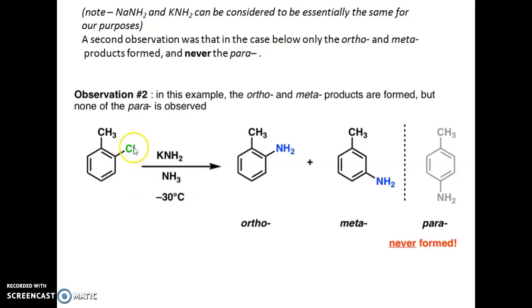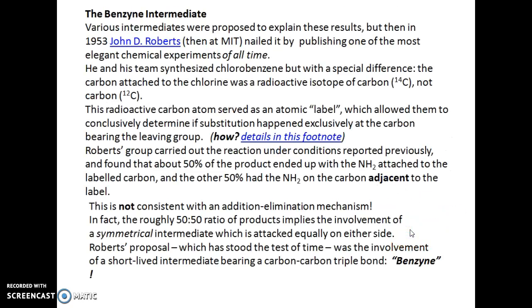Ortho chlorotoluene in the presence of potassium amide and liquid ammonia as a solvent at minus 30 degrees centigrade gives ortho aminotoluene and meta aminotoluene, but para is not formed at all.